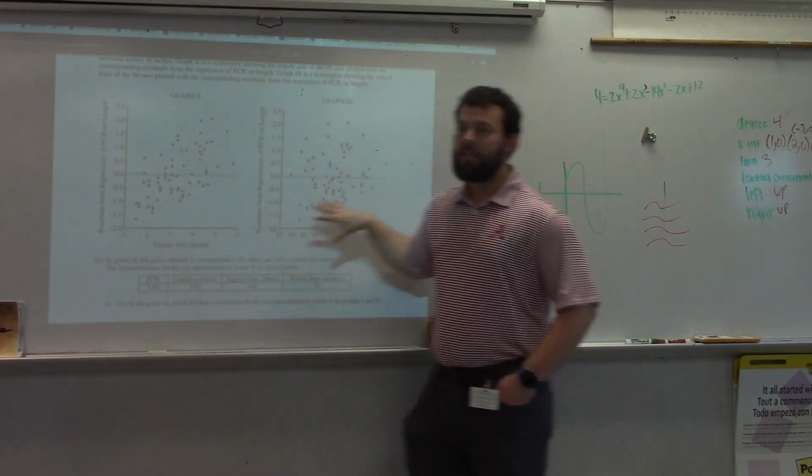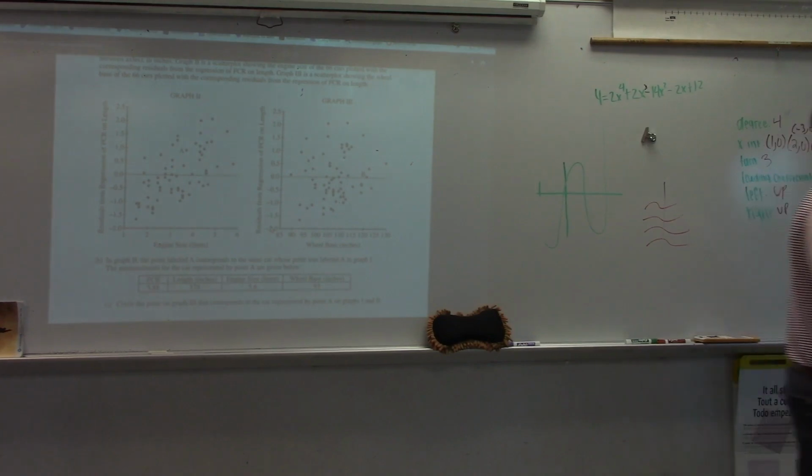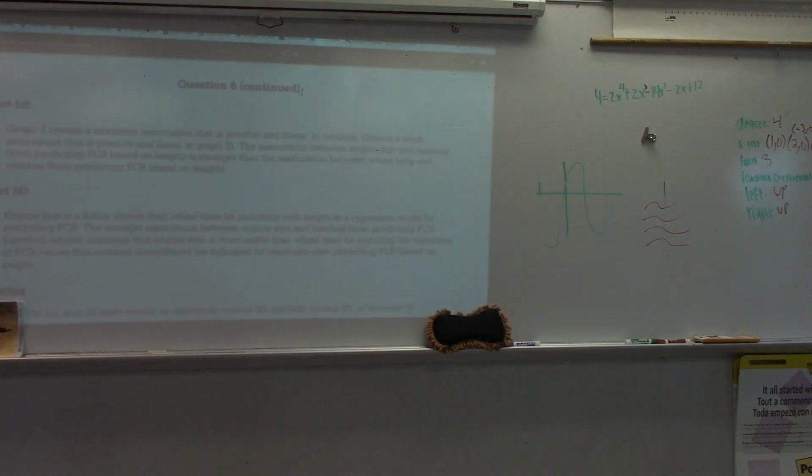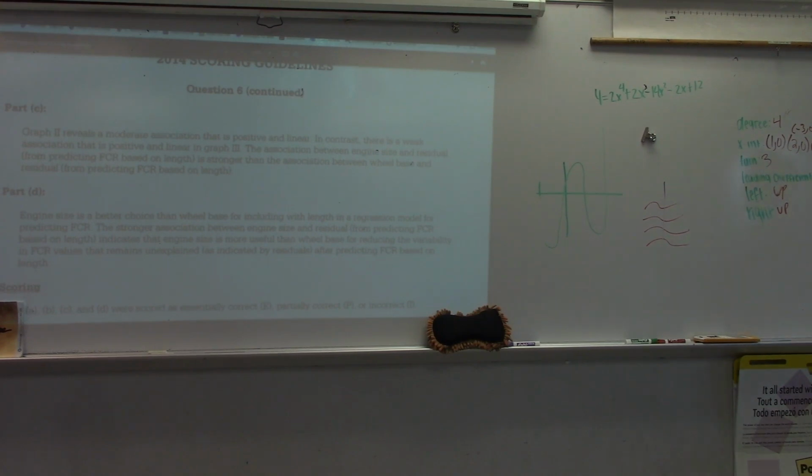But if it's a residual plot, we want a lot of scatter and no pattern. So if we look at the solutions here, part C, graph 2 reveals a moderate association that is positive and linear. Graph 3 shows a weak association that's positive and linear.